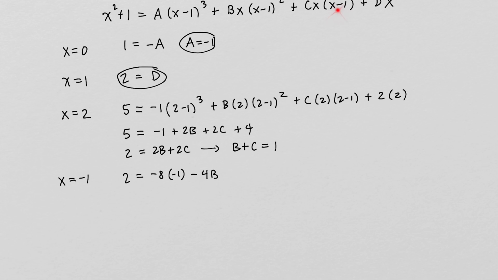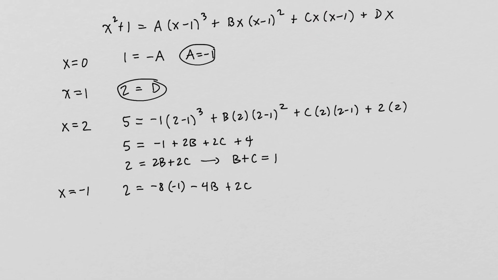Plugging negative 1 in here gives us negative 2 times negative 1, which is 2 times c, so that's positive 2c. And finally, plugging negative 1 in here, and then keep in mind that d we already know is 2, gives us 2 times negative 1, which is negative 2.